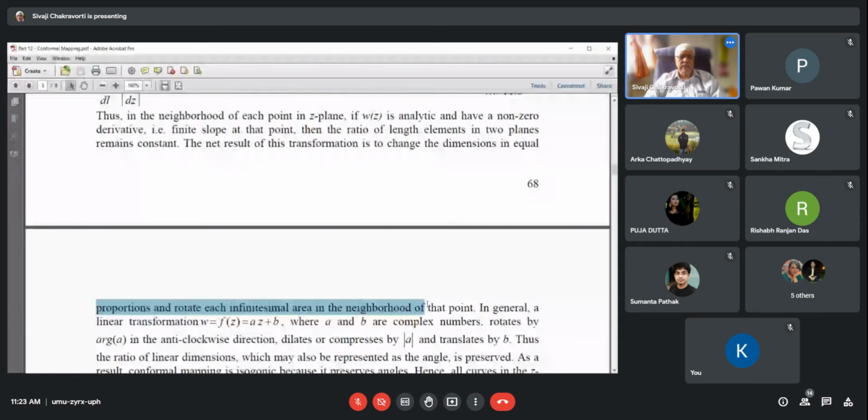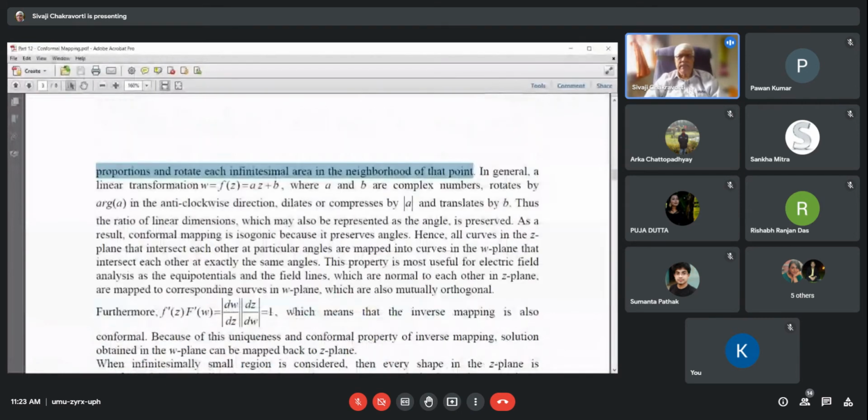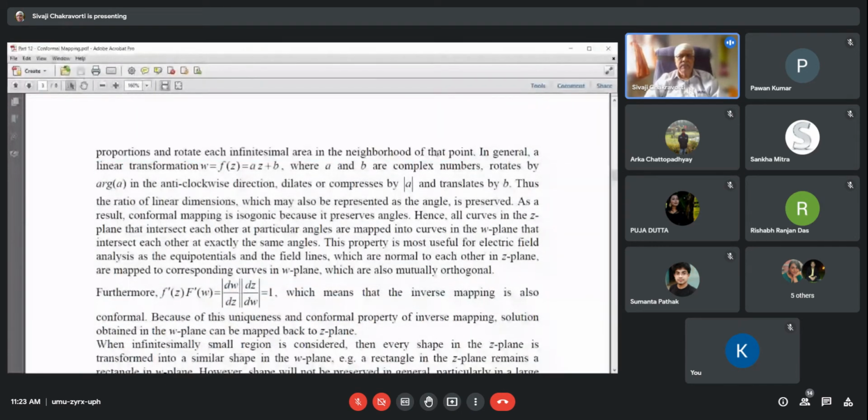What is rotation? In general, now you can see the highlighted part. I am assuming an f(z). f(z) is a complex variable function, so I am taking it as az plus b, where z is a complex variable, and a and b are also complex numbers. So it's a fully complex variable function. Now, z is a variable on the z plane, and you are getting f(z) on the w plane.